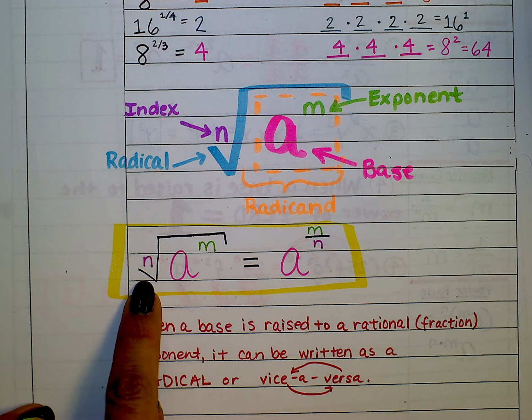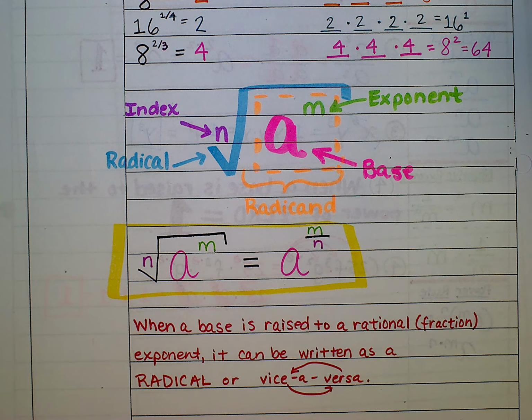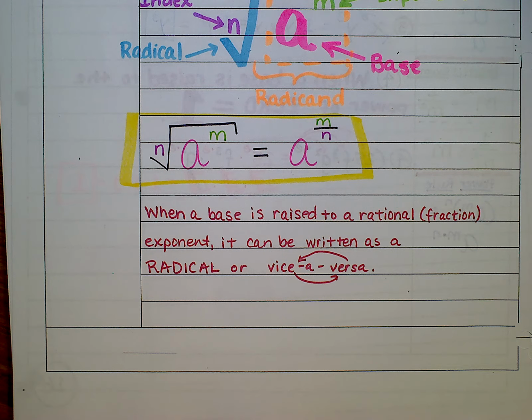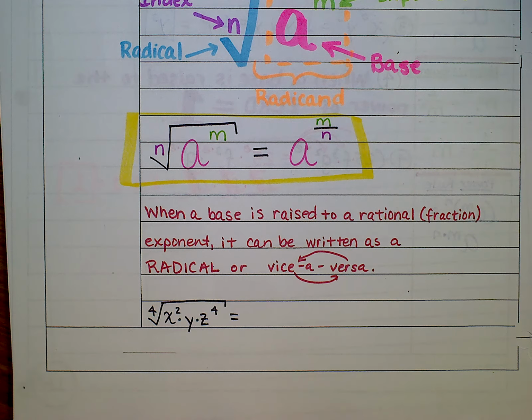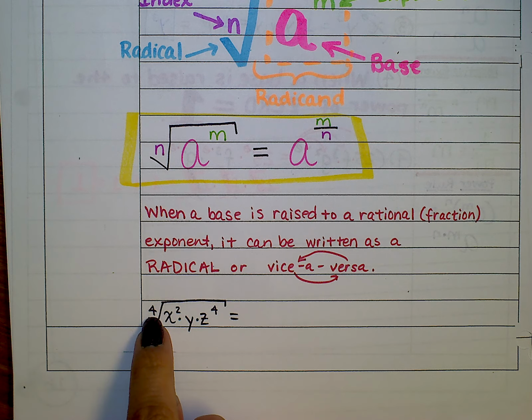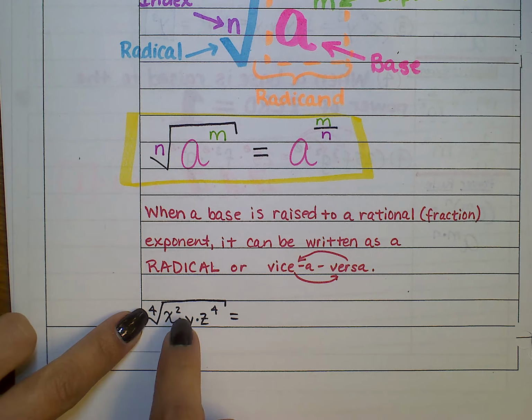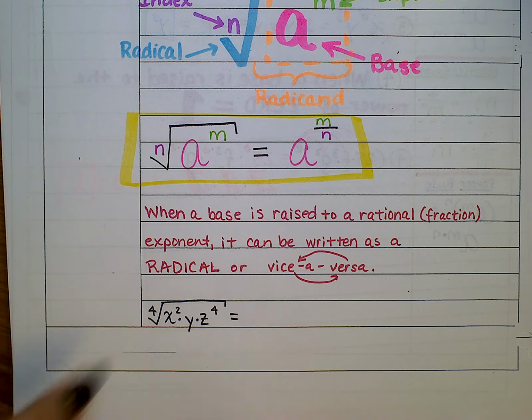If you have a radical, you can switch it to an exponential form. So last example. Let's take the fourth root of x squared y z to the fourth. First thing I would do is probably recognize that each of these are being multiplied, so we can separate them into factors. Now, this index is going to be applied to each one of these.